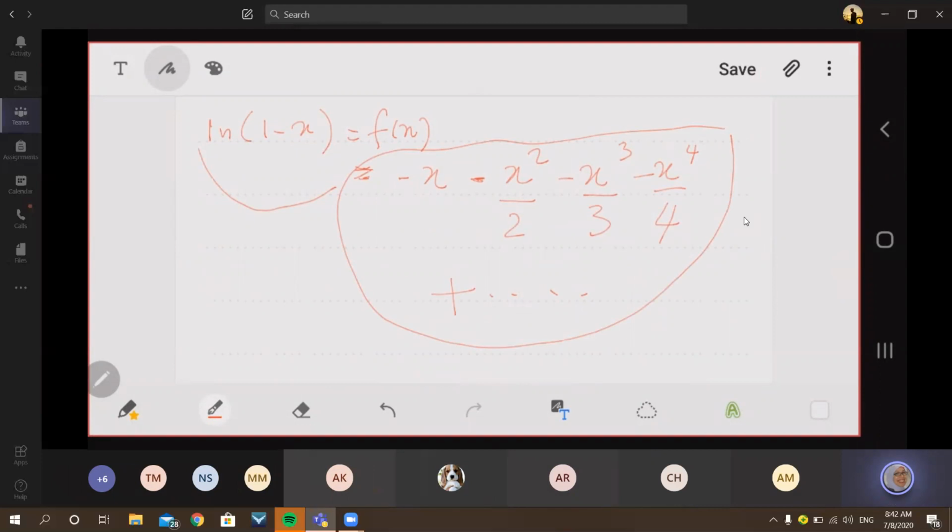In other words, x to the power of 4 is less than x to the power of 3, and x to the power of 3 is less than x to the power of 2.